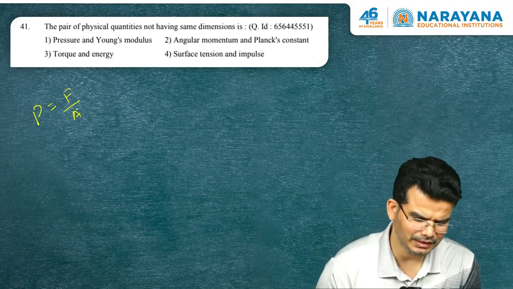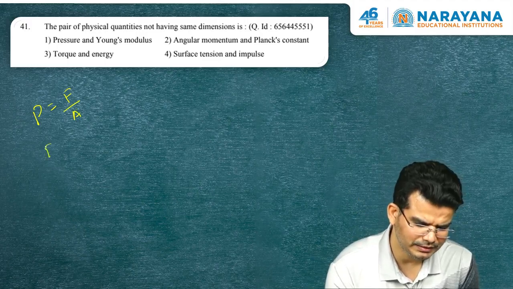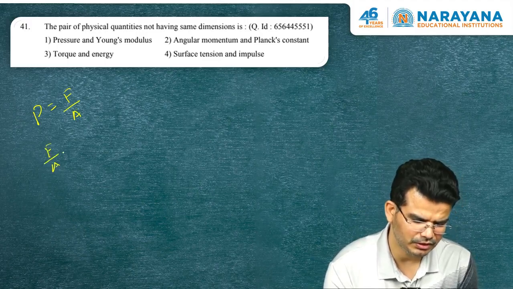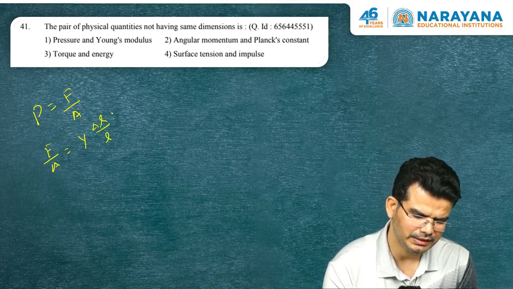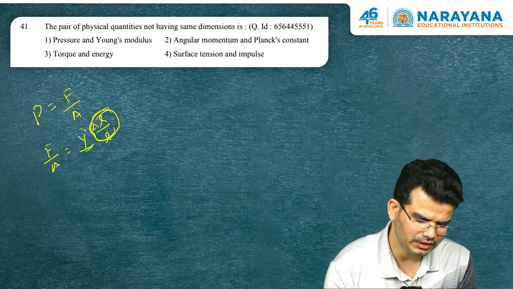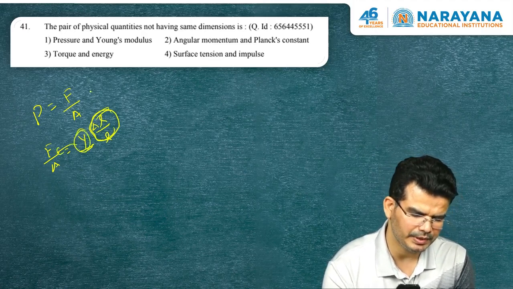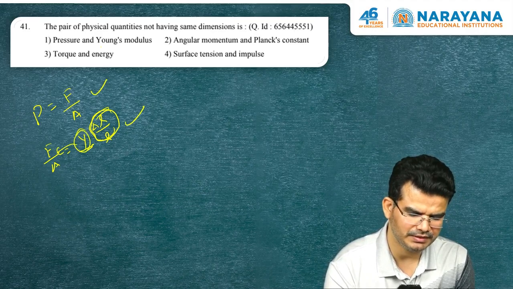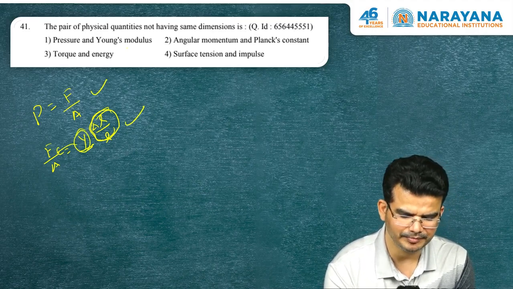We know that stress equals Young's modulus into strain. Strain is dimensionless, length upon length. So, Young's modulus is dimensionally force upon area, so pressure and Young's modulus both have the same dimension.